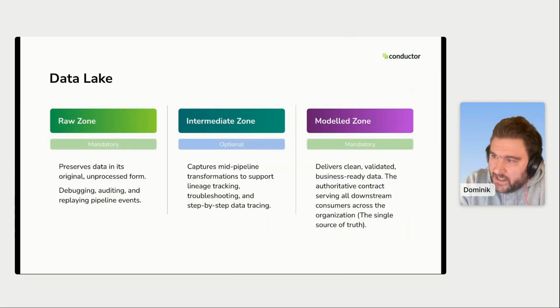The data travels through the data lake in 3 different zones, while the raw and modeled zones are mandatory for every data set, and the intermediate zone is optional. In the raw zone, we store the raw data, unprocessed as we get it from our sources, to serve debugging, auditing, and replaying needs.